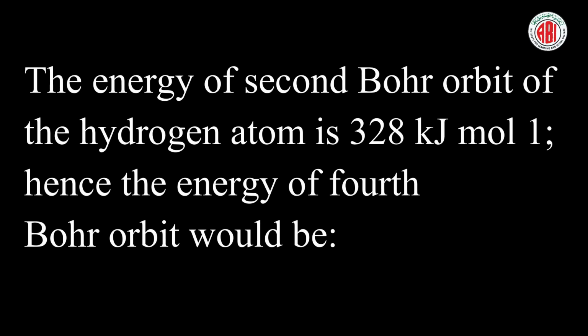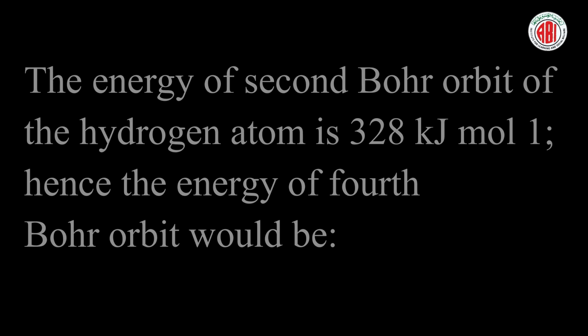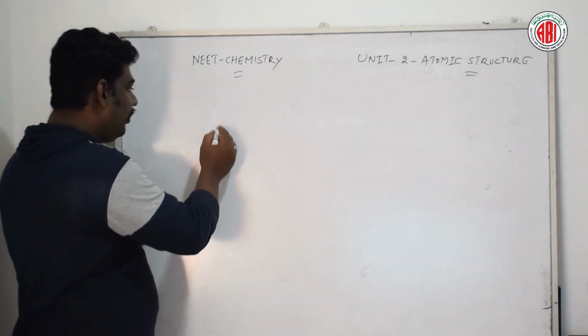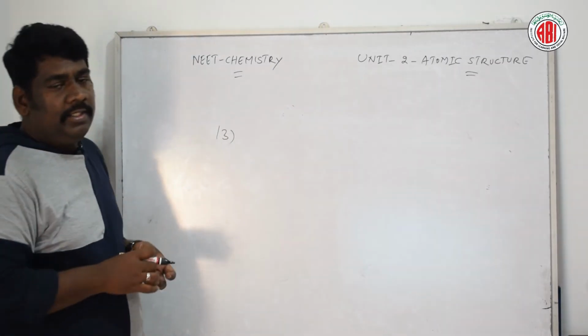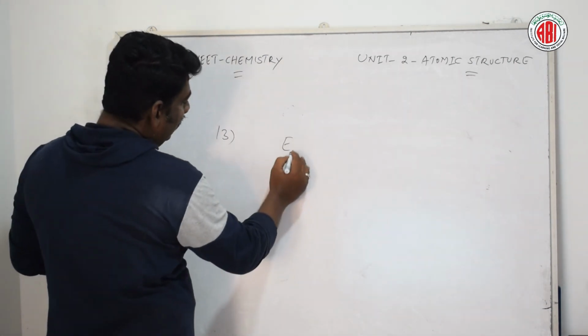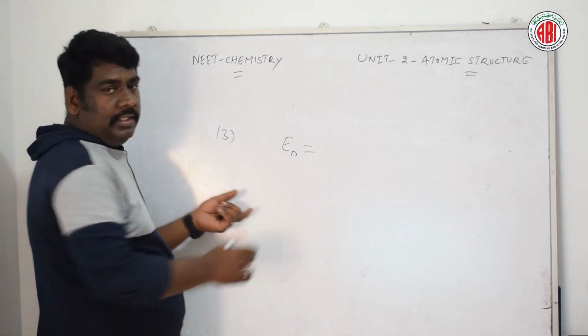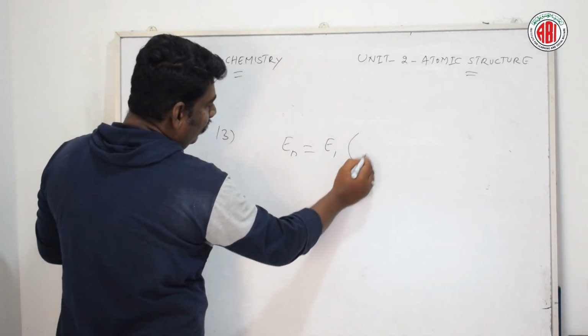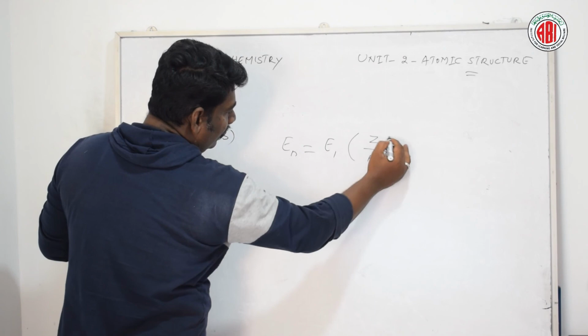Look at this question, guys. The energy of the second Bohr orbit of the hydrogen atom is minus 328 kilojoule per mole. Hence the energy of the fourth Bohr orbit would be... Here 4 different options are given. Let us see how to solve this problem. We know the formula: En is equal to E1 into Z by n, the whole square.